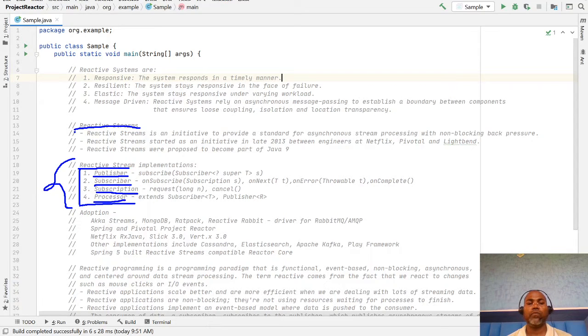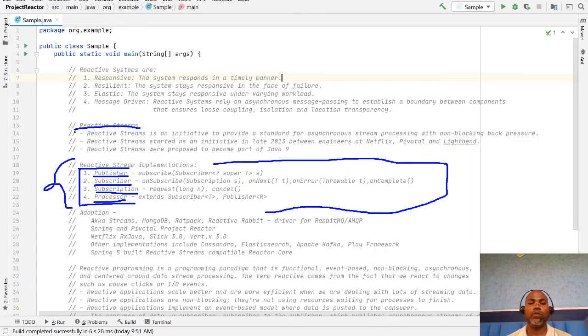These four interfaces are the only part of the reactive stream specification. Any vendor, any company, any API implementation can provide implementations of these interfaces, if they want to implement the reactive stream specification and build reactive systems.